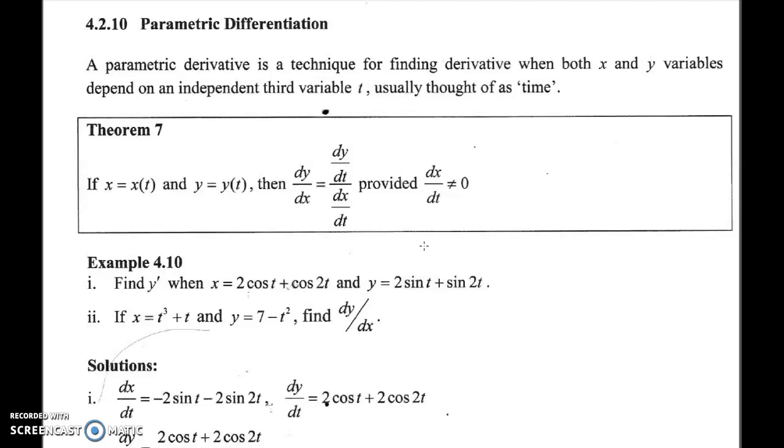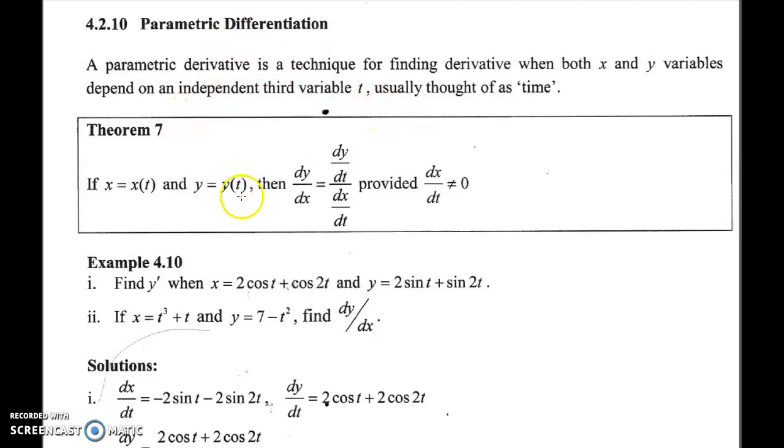Usually one way to differentiate these is to plot the graph made of this x and y and find the derivative as usual. But there is another way where we can find the derivative without doing that, which is by conducting parametric differentiation.